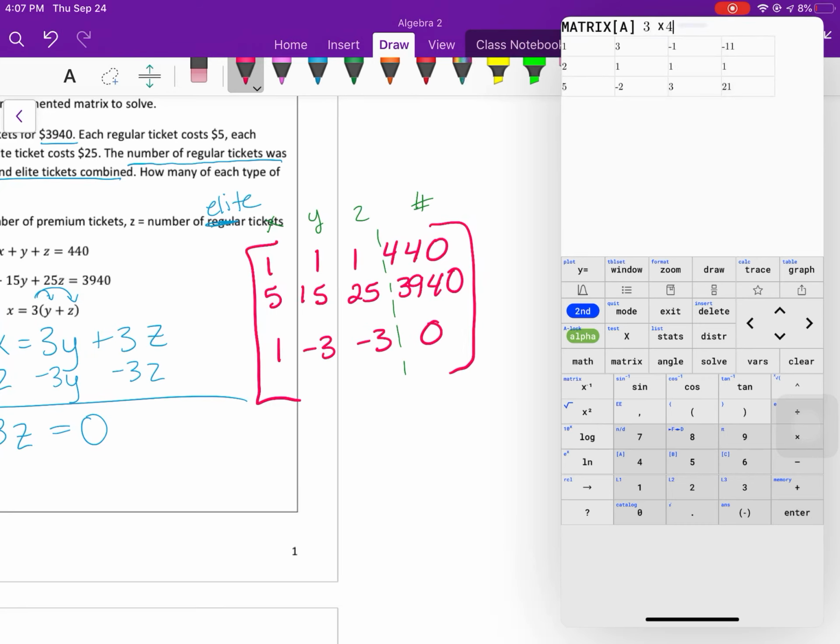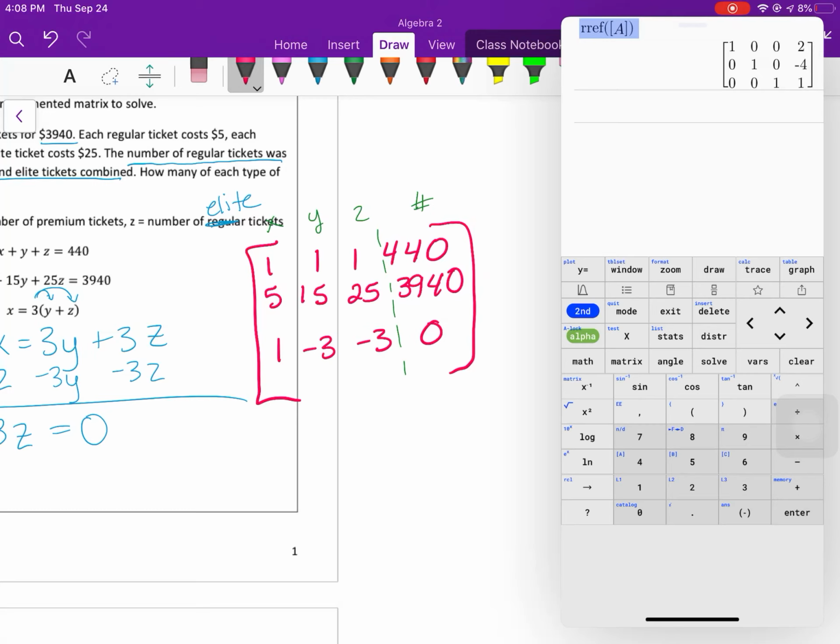So then I'm going to go into matrix, go over to edit. I already have the 3x4 matrix I want, and then I'm going to plug these values in. 5, 15, 25, 3,940, and then 1, -3, -3, 0.